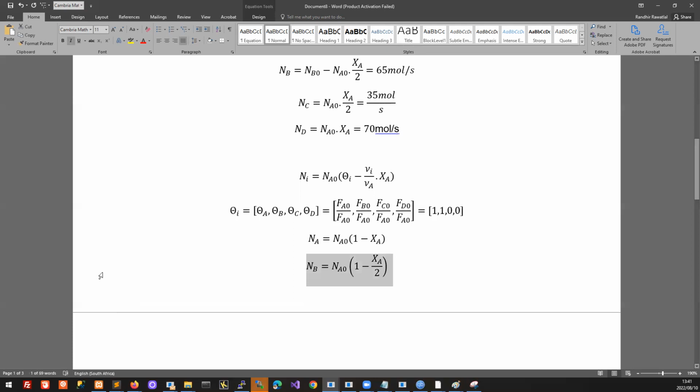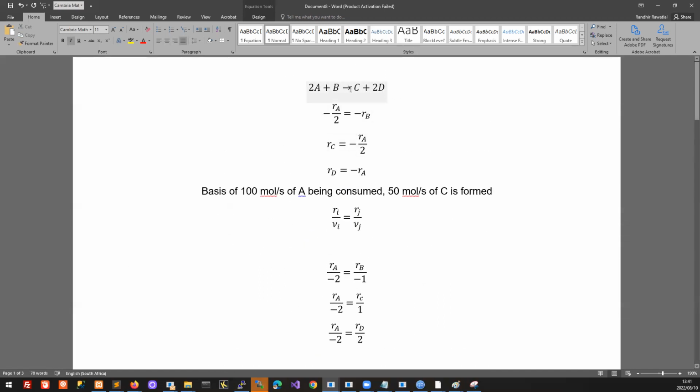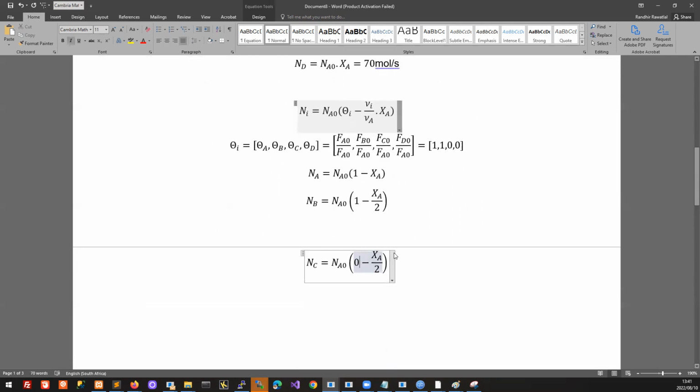And then for NC, that NC equals, and our beta in this case is a 0. And here we've got C is +1 divided by a -2. So let's just copy it like that.